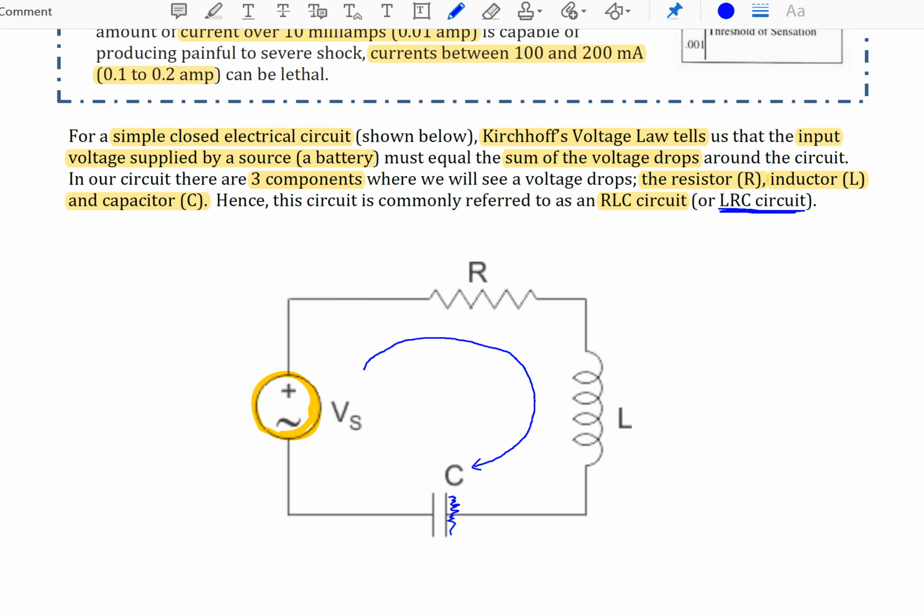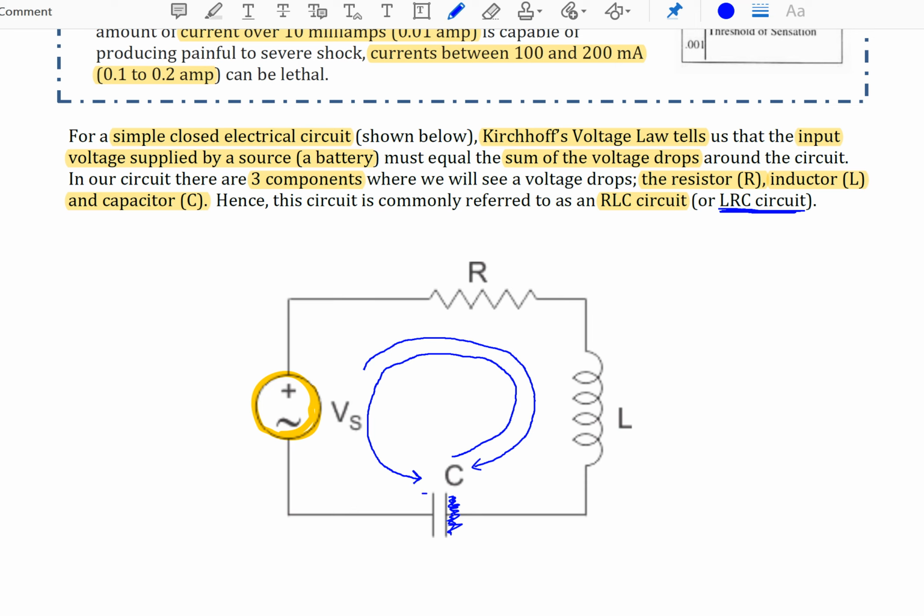It does not jump to the other side, but what it does is it builds up to a maximum. Think of this like a water storage container. It builds up to its maximum capacitance, and once it reaches maximum capacitance, it sends your current back the other way through the inductor, through the resistor, passes your voltage source, picks up the current that was lost, comes over to the other side of your capacitor.